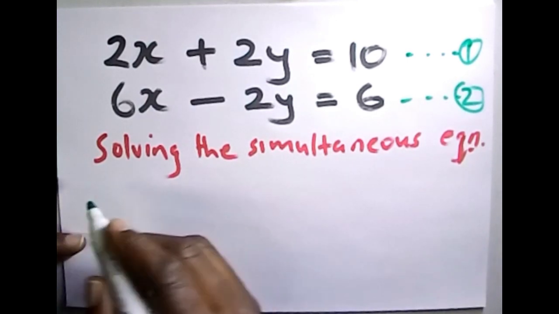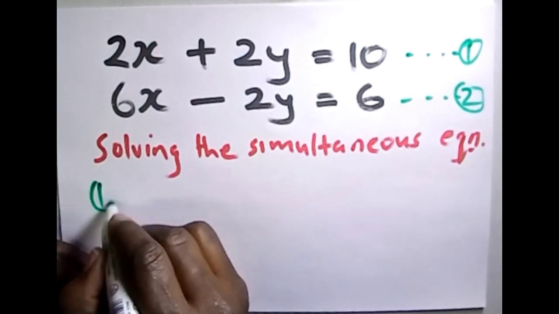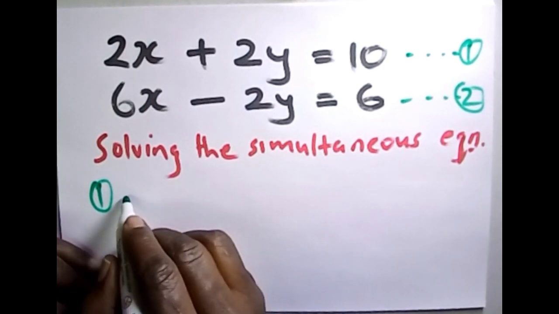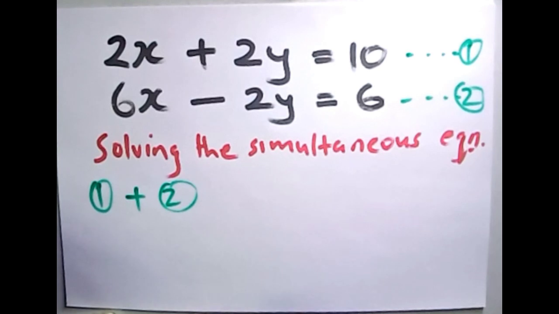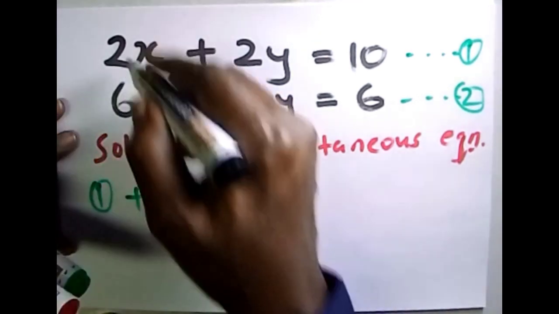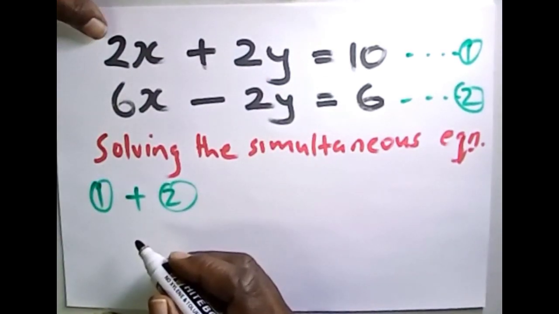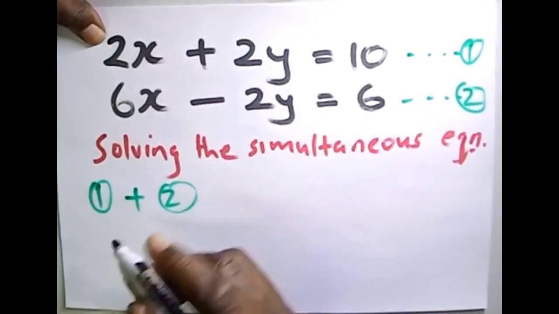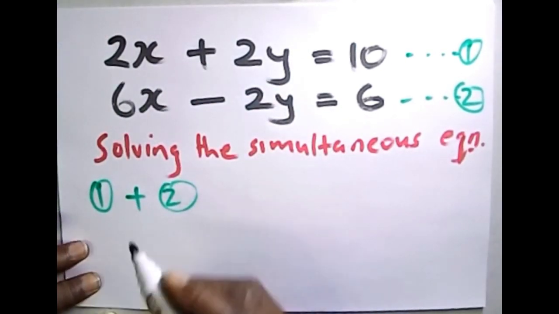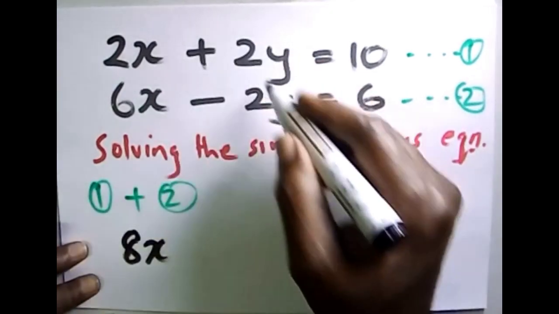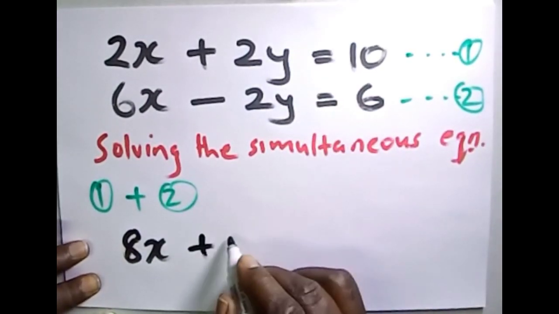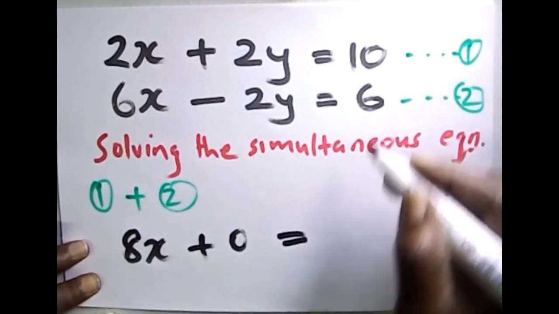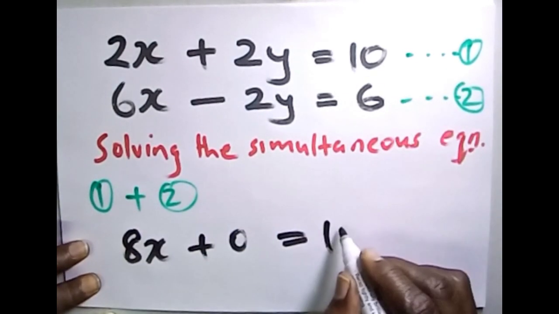So we'll say equation 1 plus equation 2. What does that give to us? So if I say equation 1 plus equation 2, 2x plus 6x gives us 8x, and plus 2y and minus 2y just gives us 0. 10 plus 6 gives us 16.